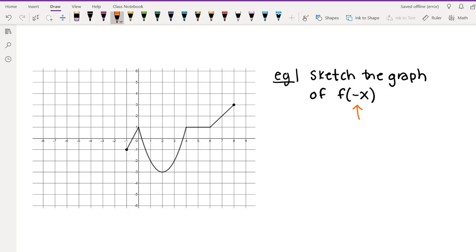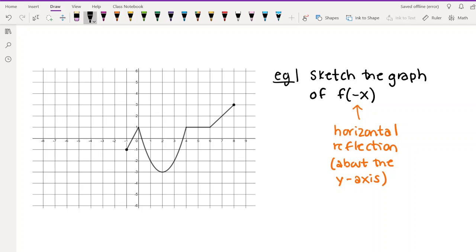That tells us that we are going to do a horizontal reflection, or we can think of it as a reflection about the y-axis. And so what is that going to look like? Well, we're going to keep all of our y coordinates the same, and we're going to flip the x coordinates. We're going to change the sign of the x coordinate on every point while leaving the y coordinate the same.